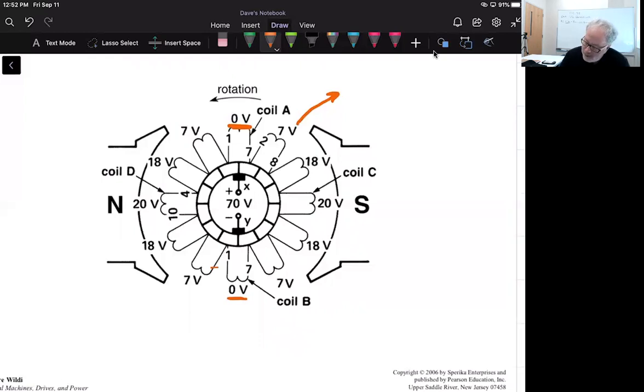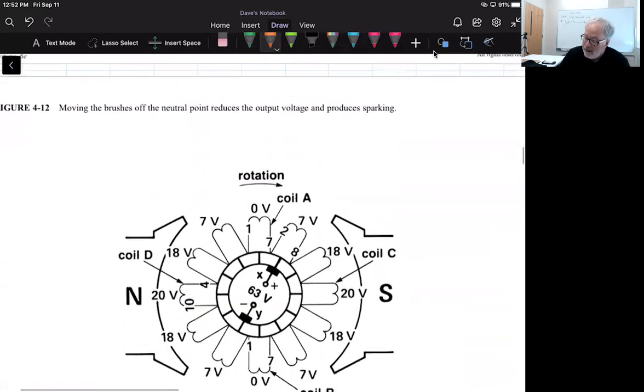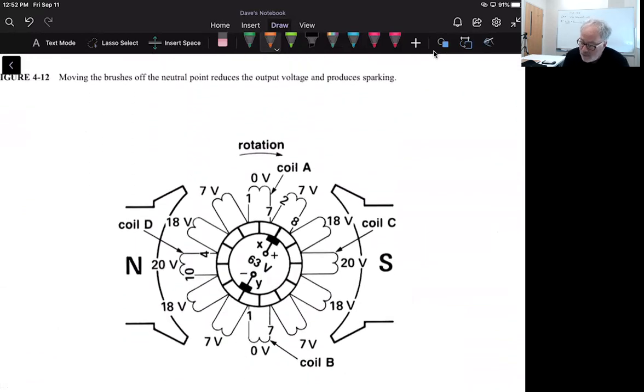But if for some reason there was a shift, and instead of shorting out a coil at 0 volts, and this can happen internally through things like magnetic flux saturation and so forth, this neutral point gets shifted. And look what happens. Now I'm shorting out 2 commutator segments that have a voltage of 7 volts across them.